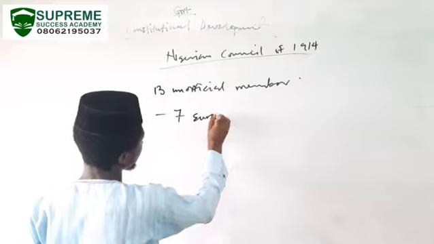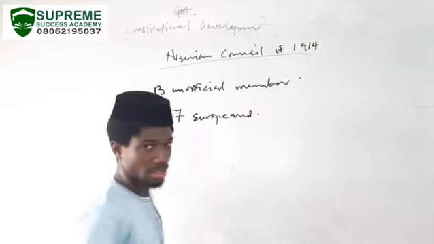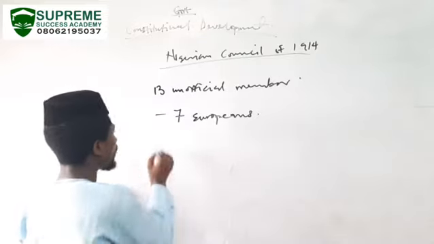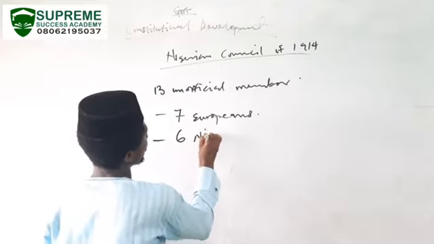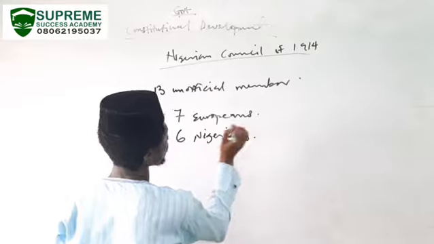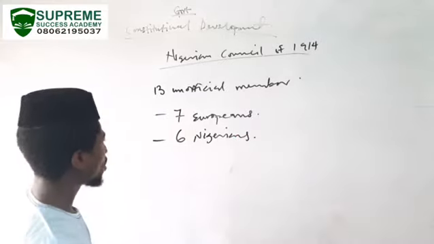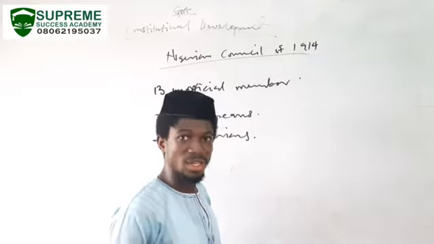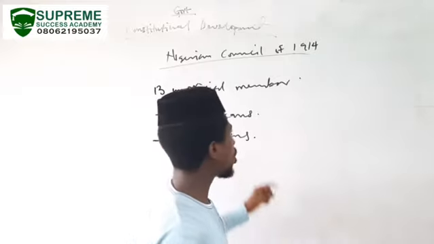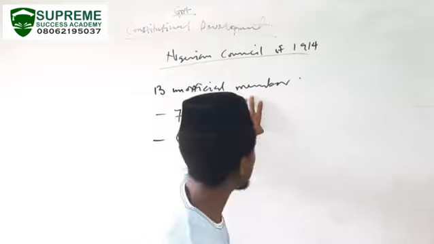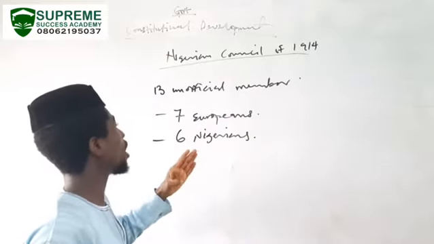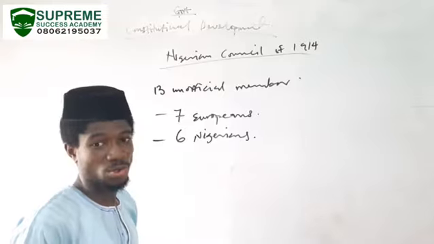That is what? They are white. 7 British. And we have what? 6 Nigerians. So these 7 Europeans are to manage the affairs of commerce, industrialization, and all other things that are being anchored by these 7 Europeans that formulate the unofficial membership of the Nigerian Council of 1914.